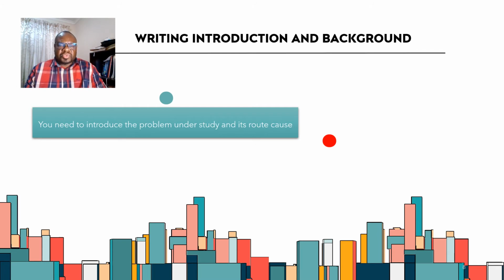You need to also introduce the problem under study and its root cause under your introduction and background, so that the reader will know exactly where the study is leading or where the reading is going.